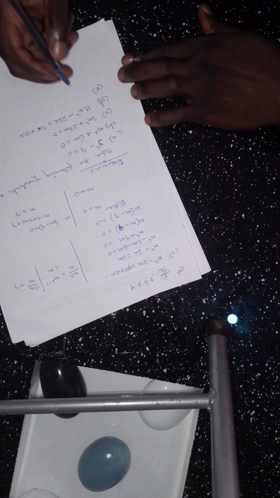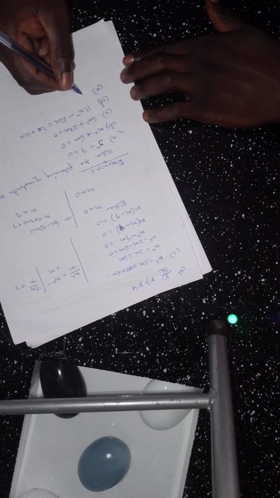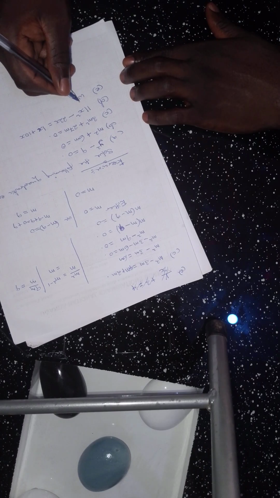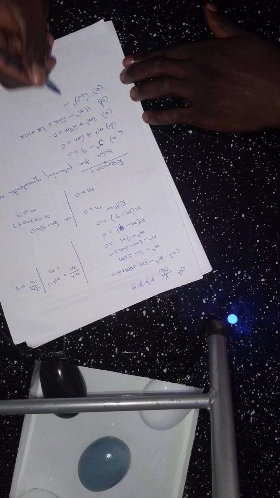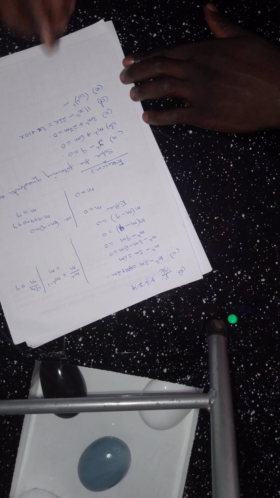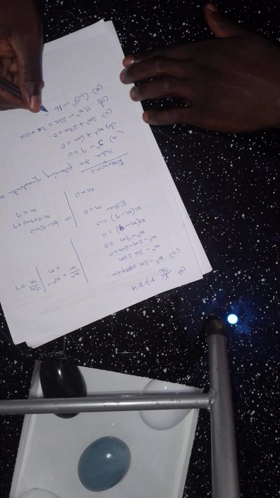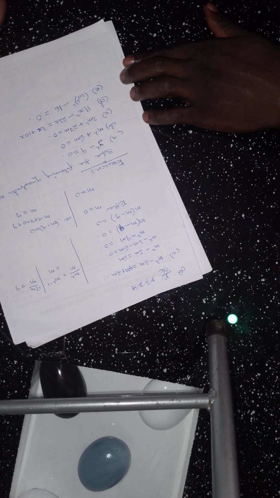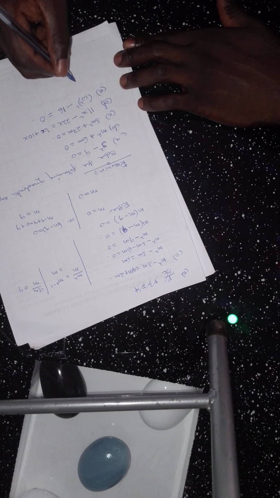Part E, we have w squared minus 16 is equal to 0. Let us deal with those.